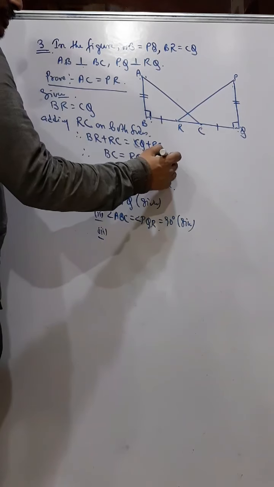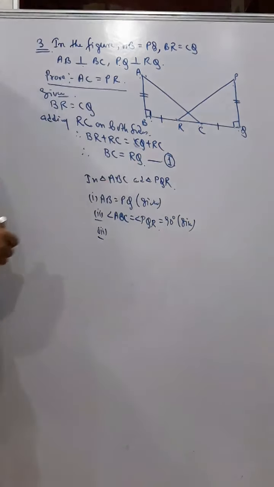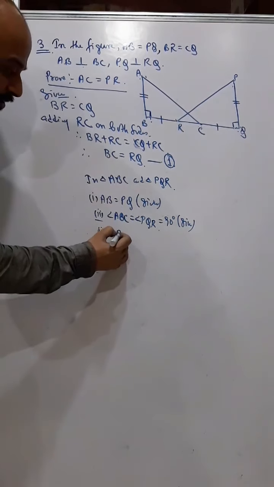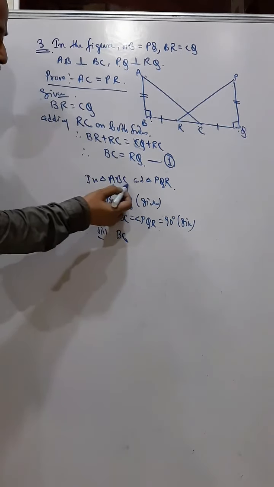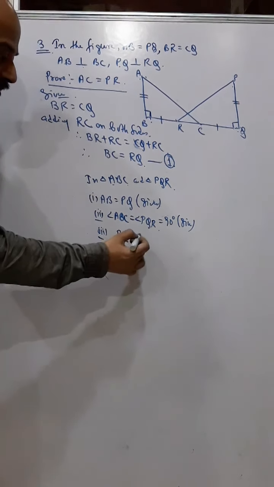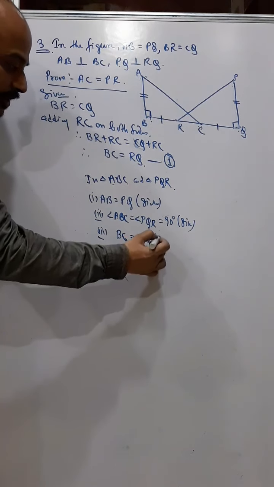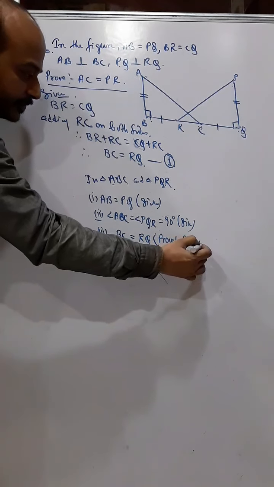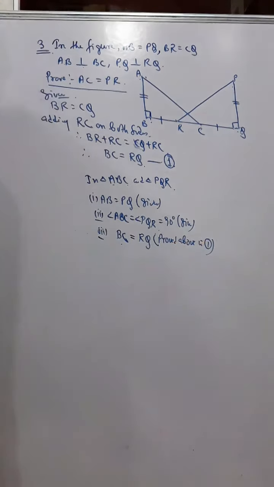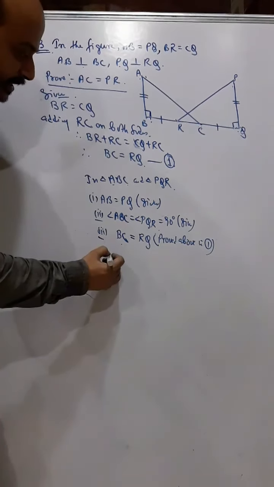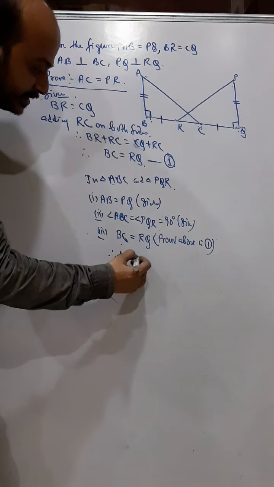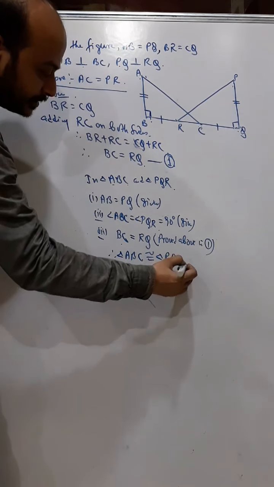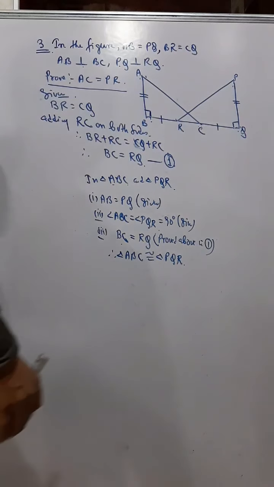So now we can write this one as number 1, and now we can write this as the third point. We should write BC here, because if you remember, ABC is first, so I write BC is equal to RQ, and we can write here proved above in 1, and therefore triangle ABC is congruent to triangle PQR.